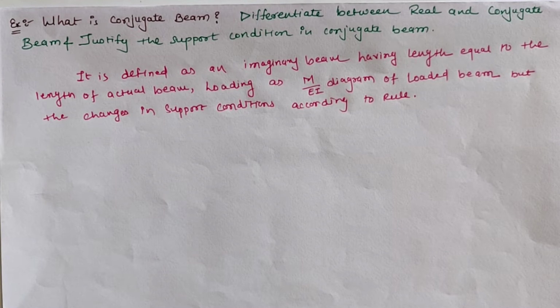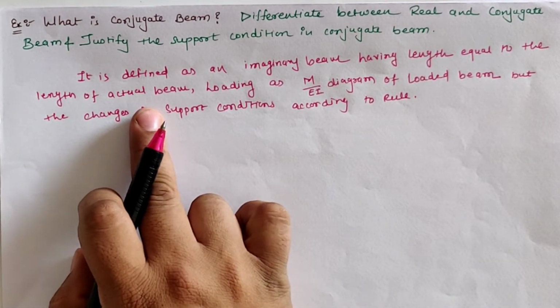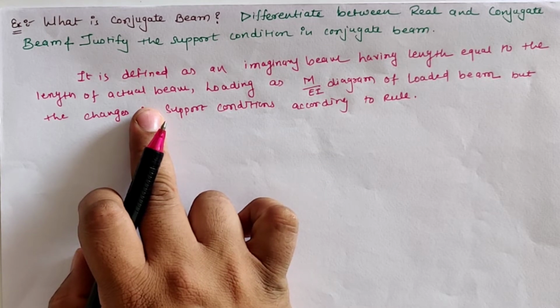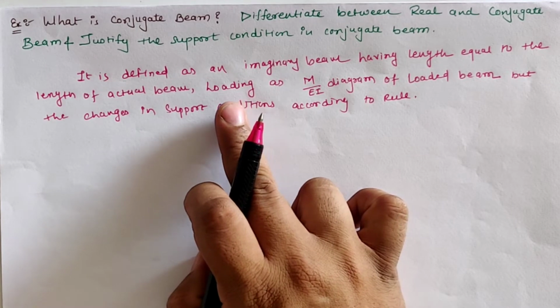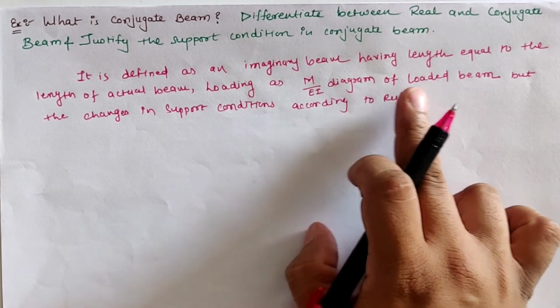it is simply defined as an imaginary beam, or we can say an arbitrary beam, having the length equal to the length of the actual beam. So the real beam and the conjugate beam have the same span length. Now the next point is loading as the M over EI diagram of the loaded beam.